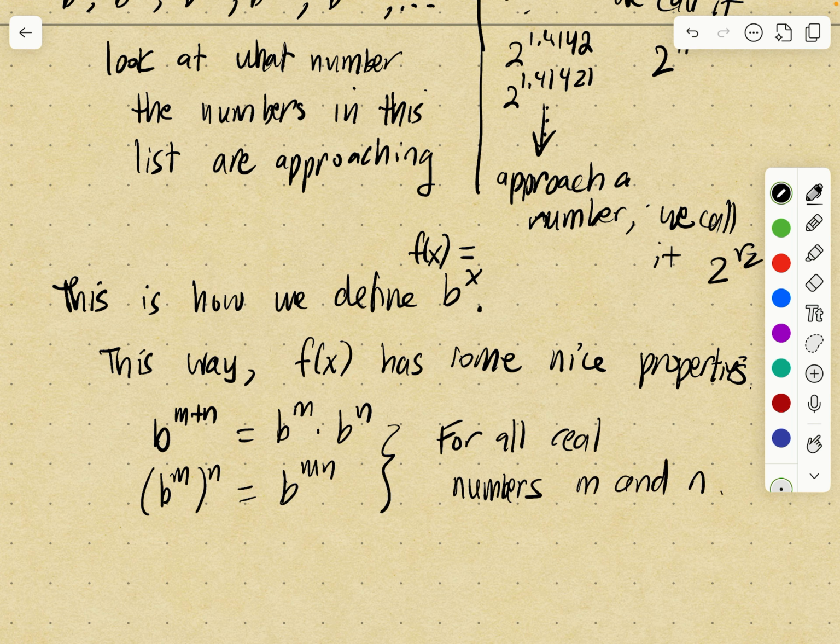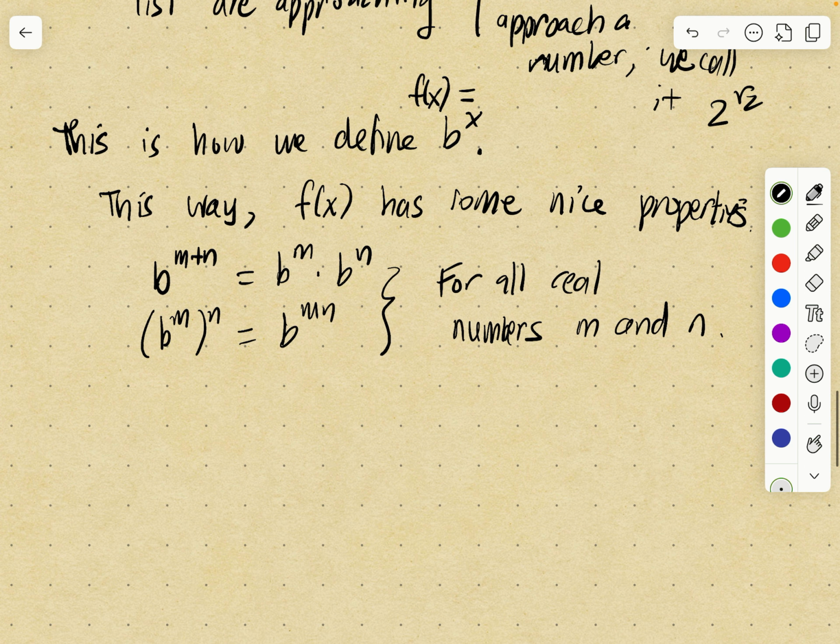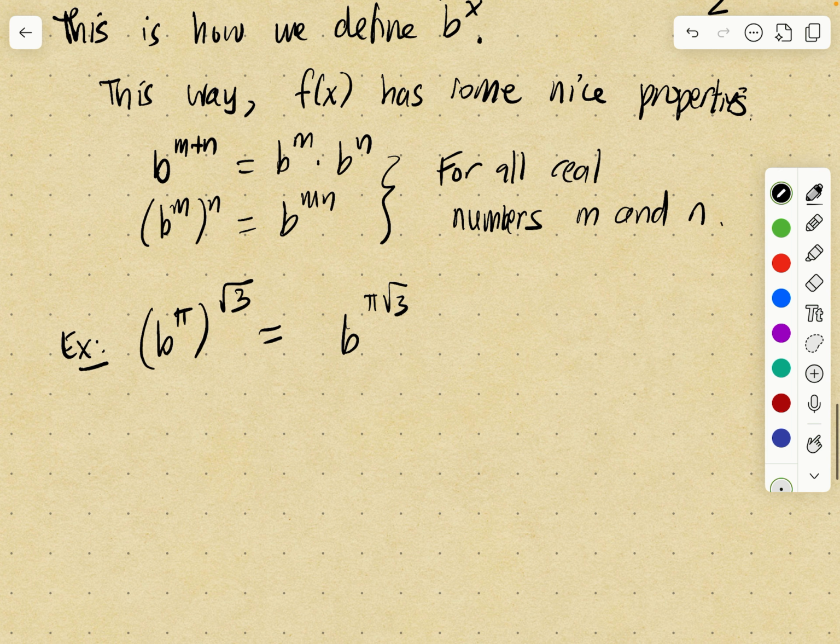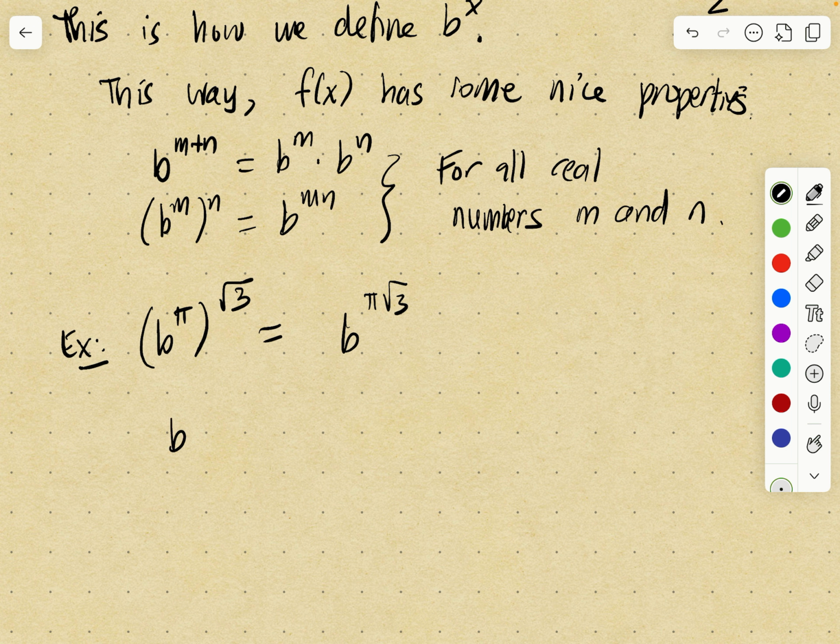m and n. So for instance, if you had b to the pi power raised to the square root of 3 power, this will be equal to b to the power of pi times the square root of 3. Or if you had b to the 1/7 power raised to the negative 50th power, this will be equal to b to the negative 50 over 7.